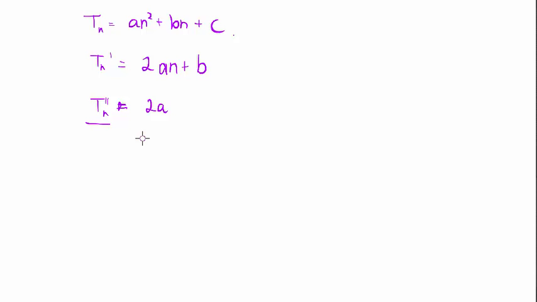So, for example, if you wanted to know the maximum value, let's say you have the numbers 20, 30, 38, 44. And I ask you, what is the maximum value that this number pattern will have?